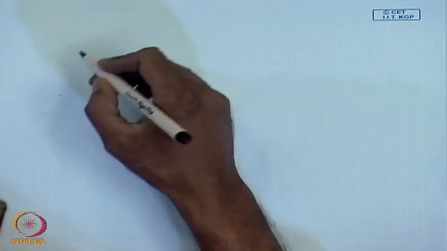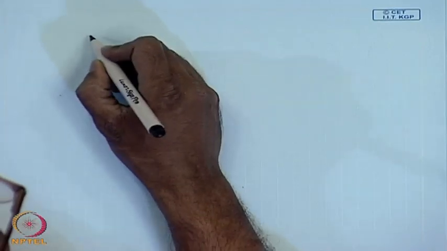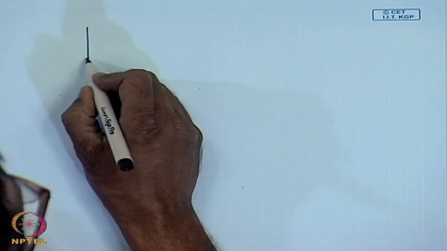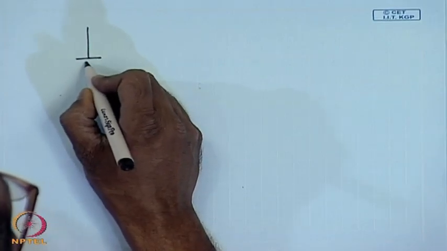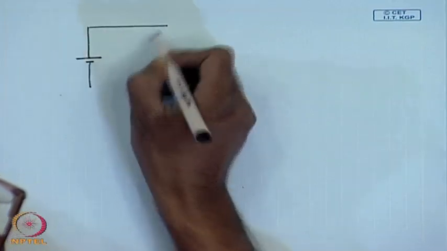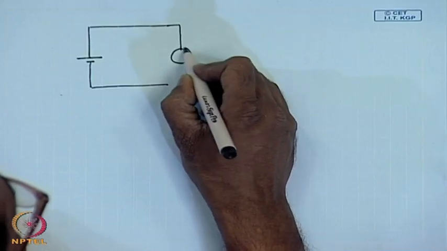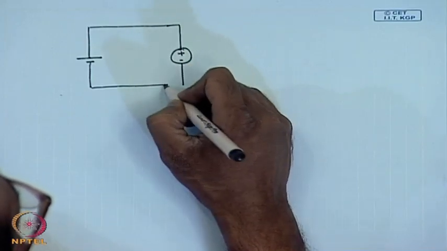So, if we look at the armature coil, there will be an induced voltage in the armature which will try to oppose the supply voltage which is forcing the current.